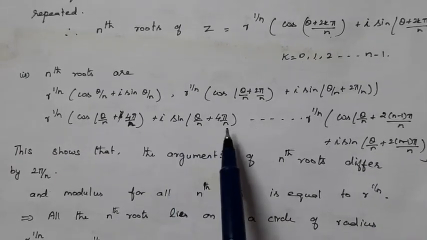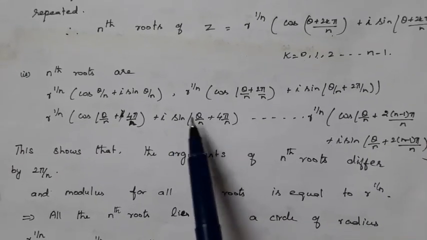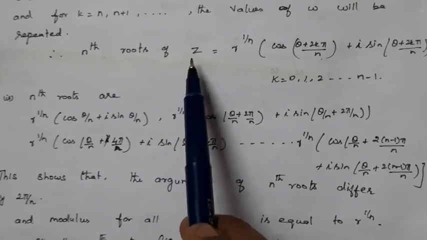So, these n values are the nth roots of z.